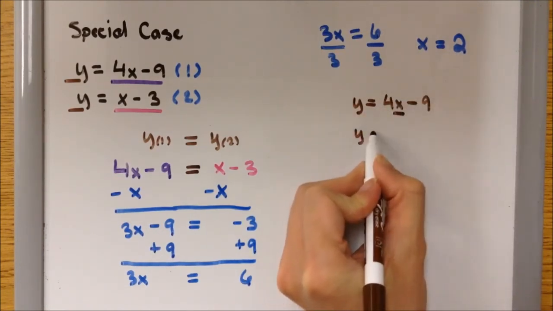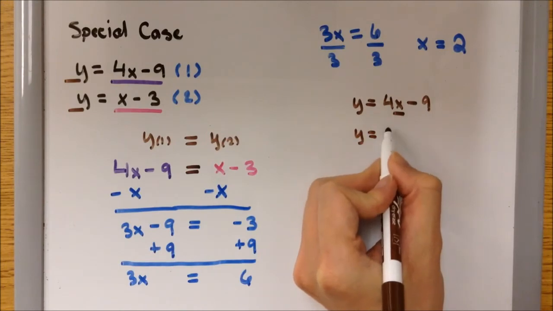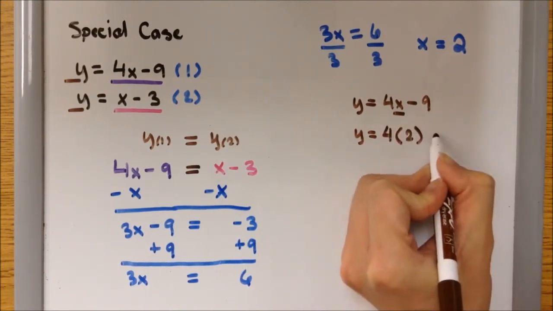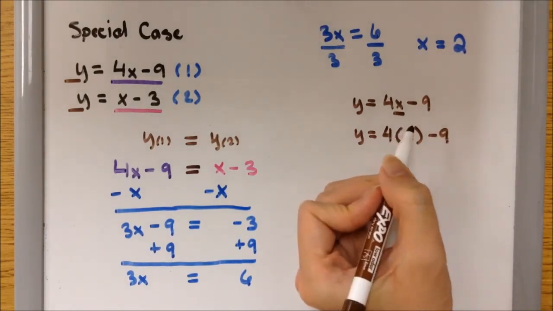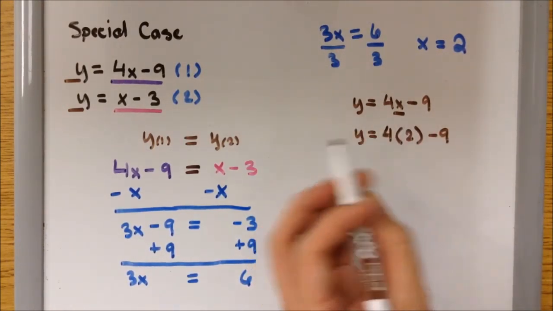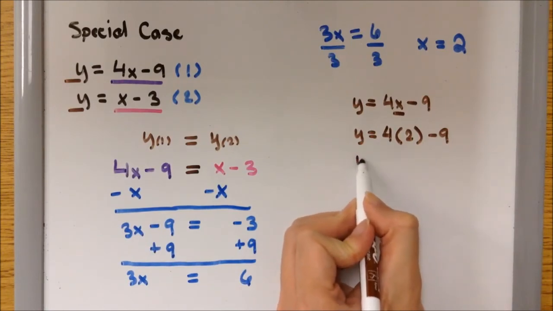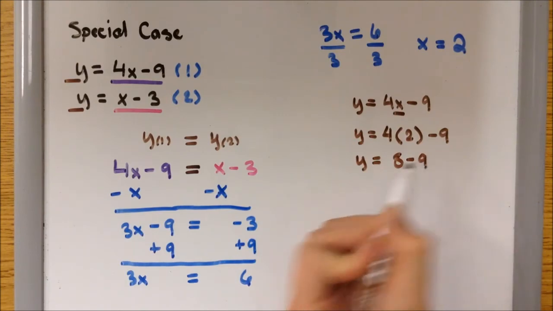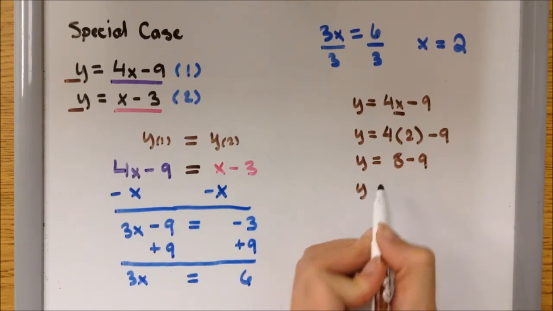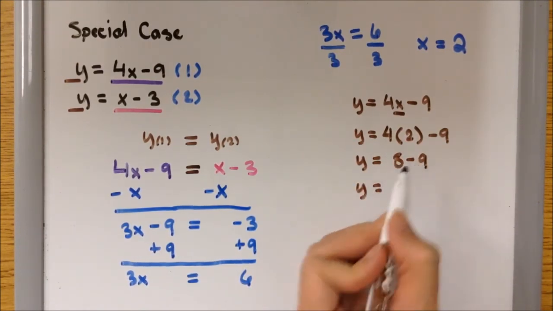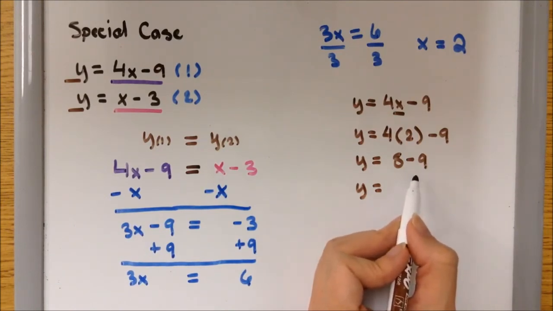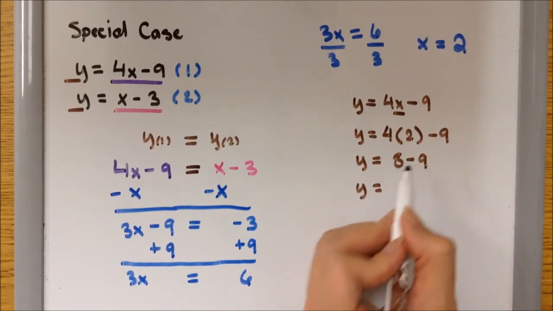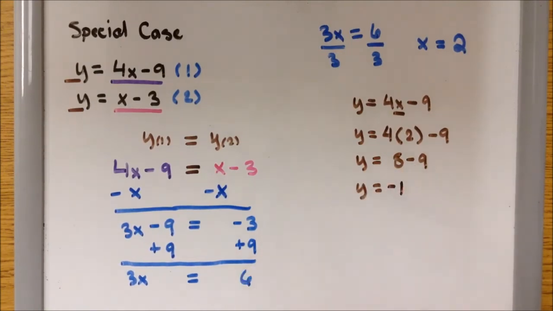So y equals, since there's a number in front, 4 parenthesis 2 close parenthesis minus 9. Then I'm going to simplify 4 times 2. So y equals 8 minus 9. If you want to double check your integers, whether positive or negative, use the number line. But 8 minus 9 will be negative 1.